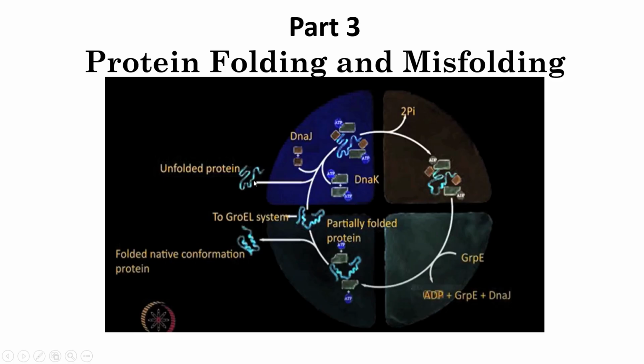If there is an unfolded protein, DnaJ and DnaK act with it, and it needs certain energy so that the protein gets folded. The two phosphate ions are given away, and the folding goes on properly. Then there is one more enzyme, GrpE, which takes part in the reaction. With the help of all of these specific enzymes, a protein gets its properly folded structure.